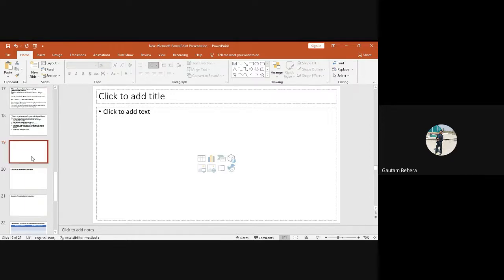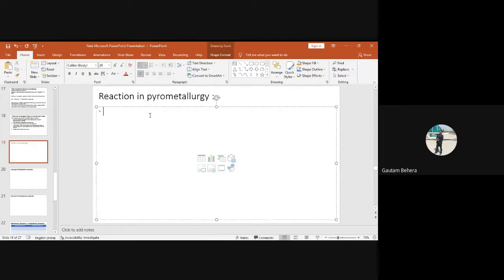So if somebody wants to write the reaction in pyro, or how to show reactions, better reactions in pyrometallurgy. So I can write simply, ore concentrate.